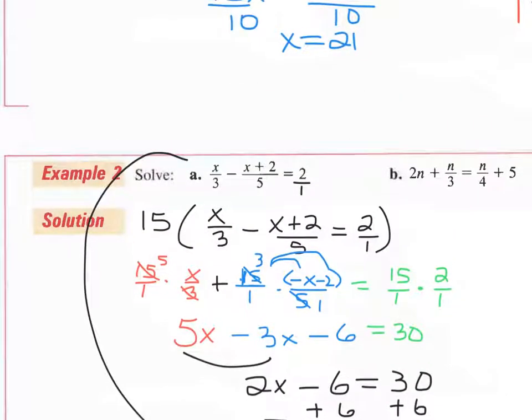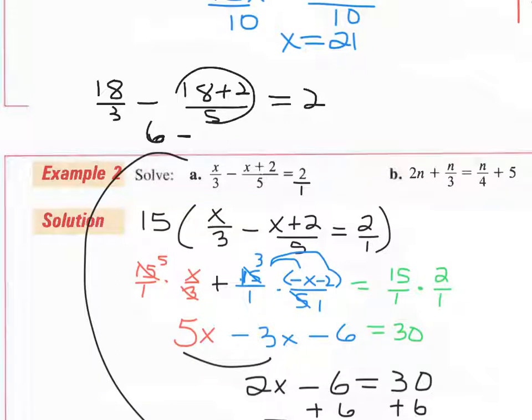So if I wanted to check this, I could do 18 divided by 3 minus 18 plus 2 divided by 5 and see if it equals the 2. So 18 divided by 3 is 6. And then if I simplify this, 18 plus 2 is 20 divided by 5 is 4, and 6 minus 4 is 2, it checks. So you could check your answers by plugging them back in.